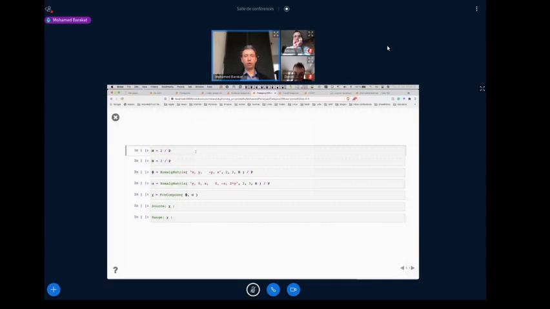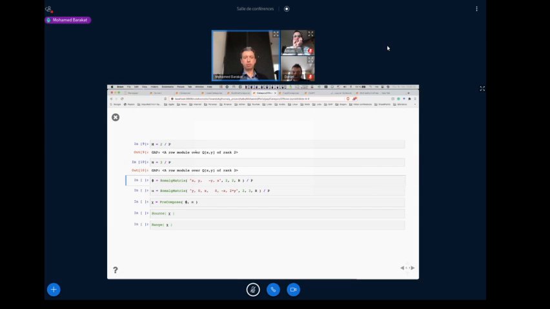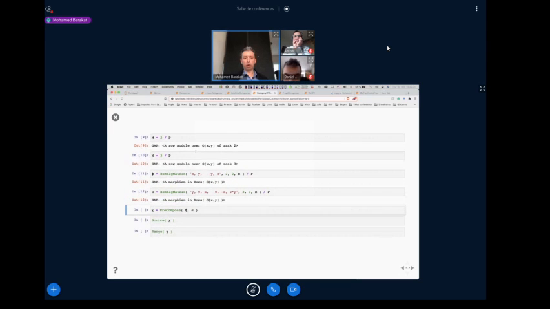So I'm taking the number 2 and viewing it as an object in the category. So this is the row module of rank 2. This is the free module of rank 2. This is the module of rank 3. So the 2 is now interpreted as a free module. I now take a matrix, interpret it as a morphism in the category. And now I can compose.